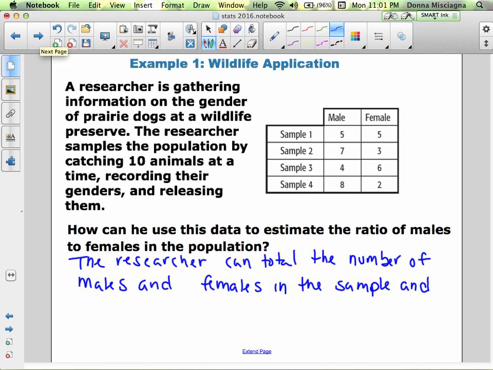And you want to calculate the ratio because he was interested in the ratio.